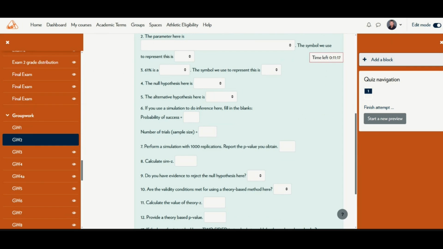Also another hint, when you are using the applet, make sure you are in proportion mode. Make sure you are in proportion mode.